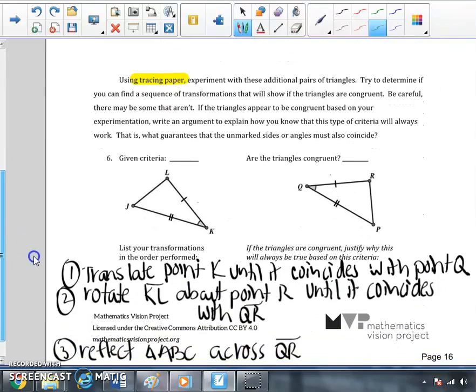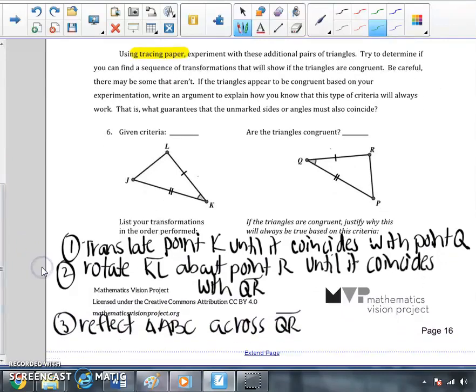We were then asked to look at some other diagrams, some other triangles, and conclude if they were definitely congruent. Again, we had tracing paper in class, and on number 6, we saw that they definitely did overlap. We translated point K until it coincided with point Q, so we translated it right and up.